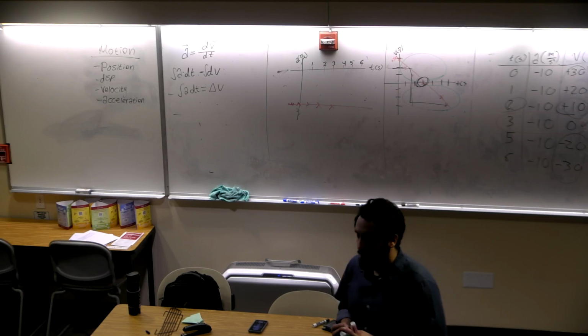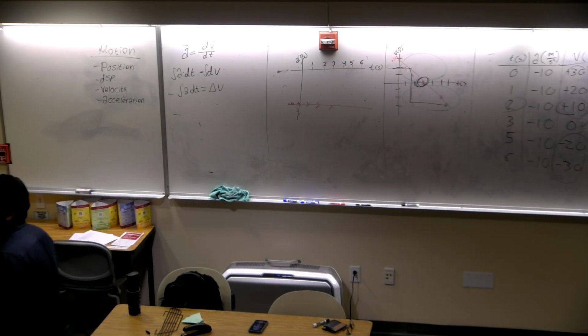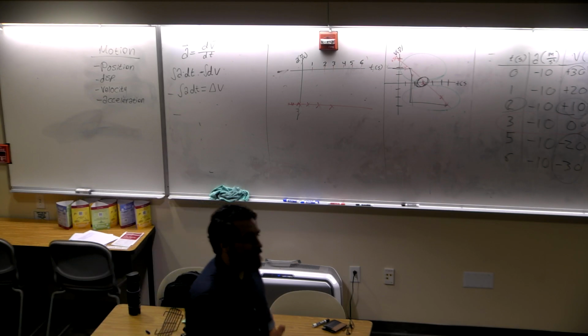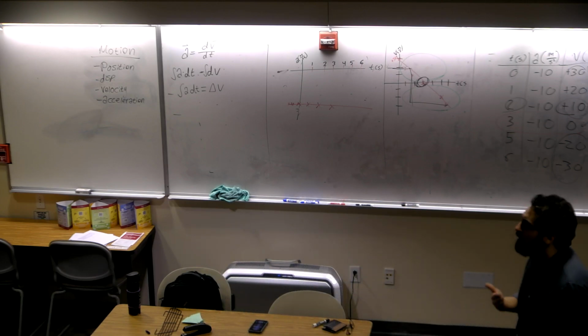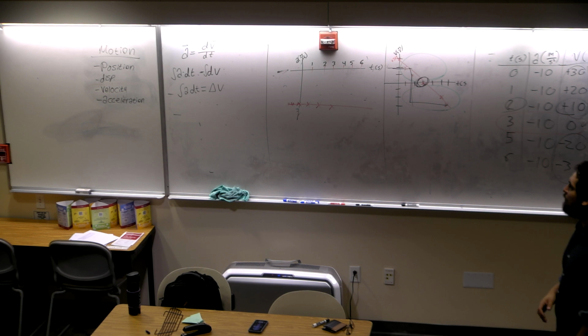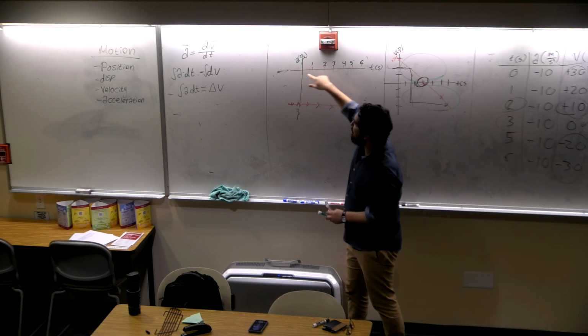Now, yes, you can, and we will, do a little bit of work with the algebra, or more specifically the calculus of it. But when we think about an integral, one of the things that should come to mind is area under the curve, right? An integral is just a fancy way to sum the area under a curve. So we look at this acceleration versus time graph.